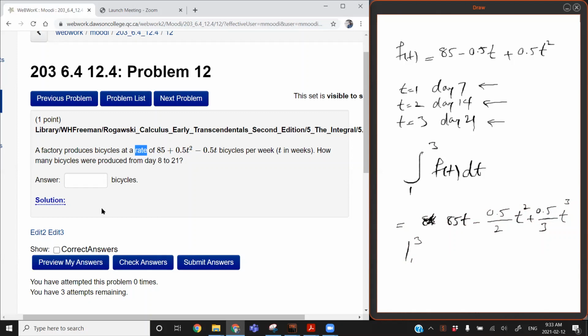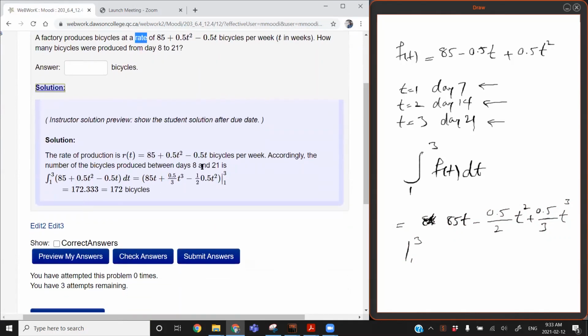Let's take a look at the solution. So we just need to plug in 3 into this function, calculate the value, minus plug in 1 into this function, calculate the value, subtract, and you get 172.33 bicycles, which you round to 172 bicycles because you cannot have a third of a bicycle. Make sense?